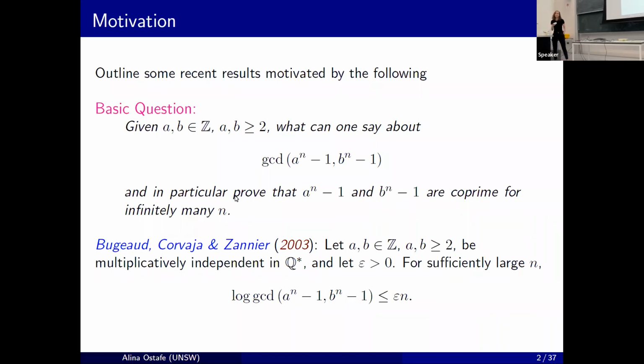So in other words, a to the n minus 1 and b to the n minus 1 do not share a large common factor. Although this is a very easy to state result, the proof relies on very deep Diophantine tools. And they also point out in their paper that infinitely often there also exists a lower bound of the form n to the power c over log n.